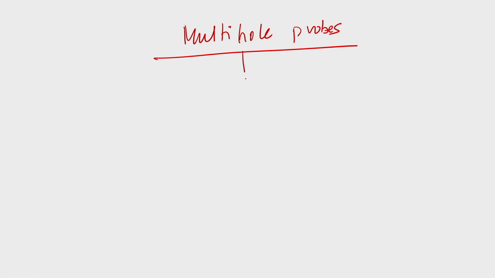We will discuss the 3-hole probes first, then we will see that 3-hole probes have limitations, and because of that we need to know the working principle of the 4-hole probe, to overcome the limitations of the 3-hole probe in measuring pressure and other flow parameters.